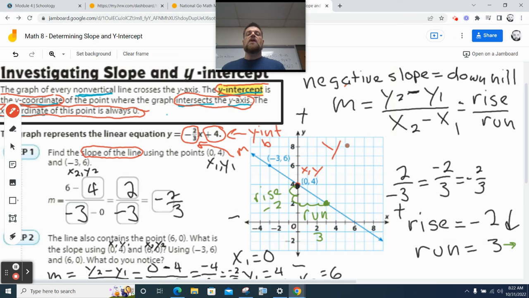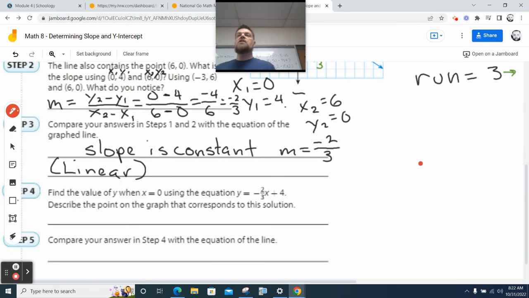Sometimes you get y equals mx plus b, so write this in your book. If I know the equation, I can graph it because I know where it's going to cross the y-axis. And from that point, what do I need to do to get to the next point? In this case, go down 2/3.